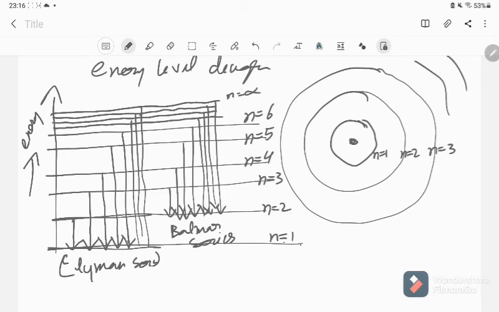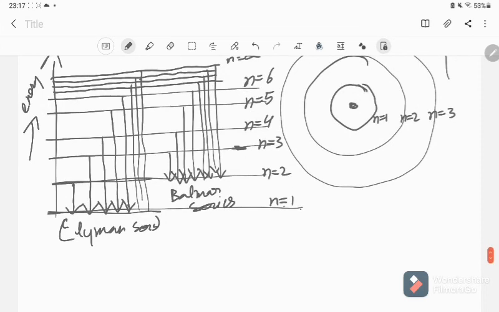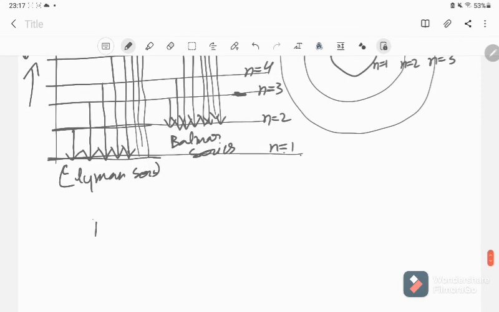In the Balmer series, n2 is fixed for all of them. And the next series is when they have n3 the same. The next series is the Paschen series.